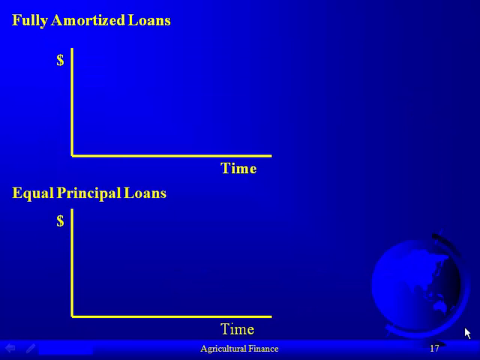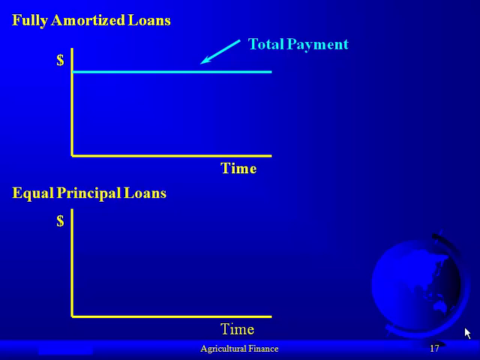Okay, if we look at the comparisons now between the fully amortized loan and the equal principal loan. The fully amortized loan is what we've been doing up till today. The bottom half of this screen is for the equal principal loan. And looking at the comparisons, the total payment for the fully amortized loan, if you recall, is uniform.